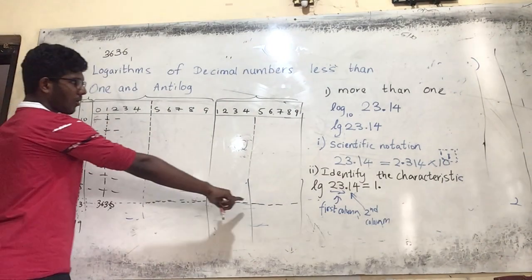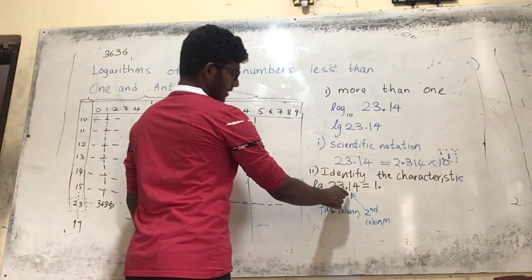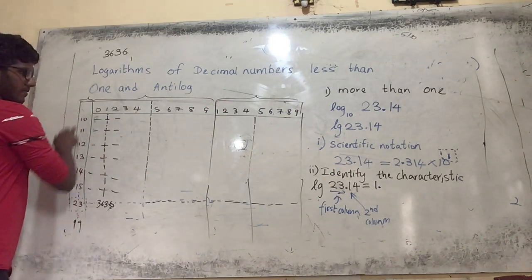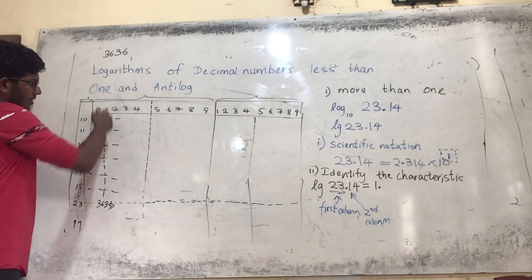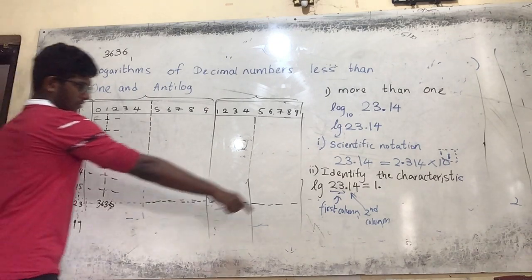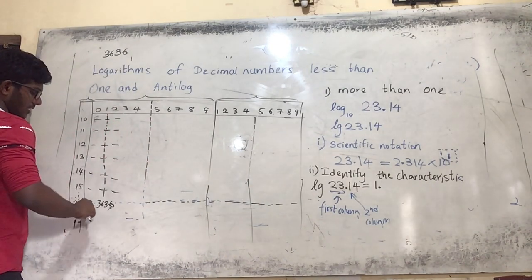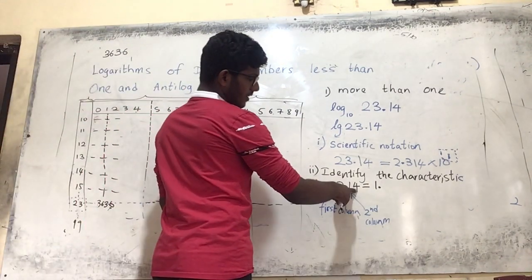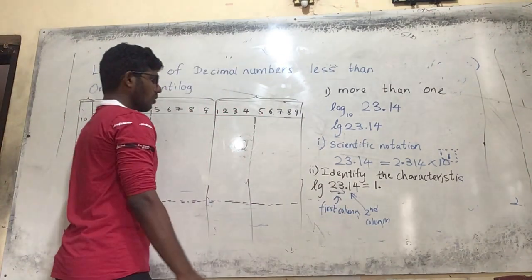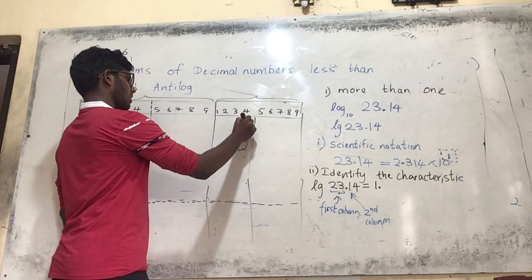The same row, you get this from the first column, this from the second column, so you meet this number. This is the first column, that row, the 23rd row. Then 1. Then 4.